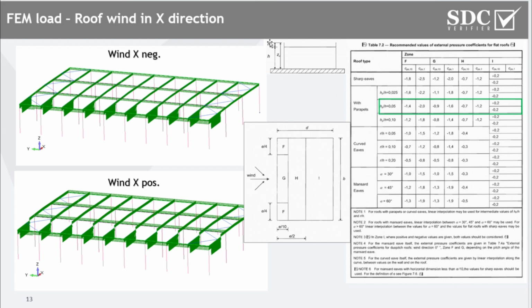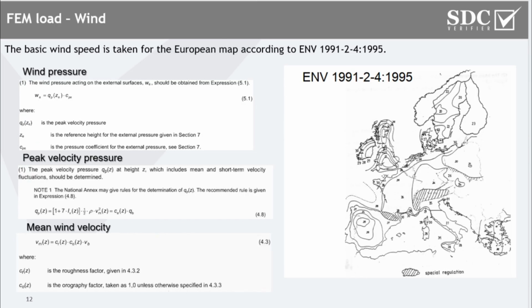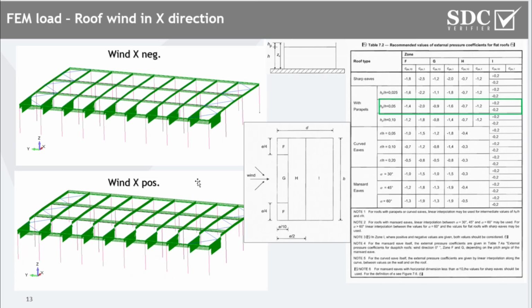Based on this ratio, we need to find those coefficients, and those coefficients should be multiplied by the peak velocity pressure. So at the end we arrive at the complete load value.